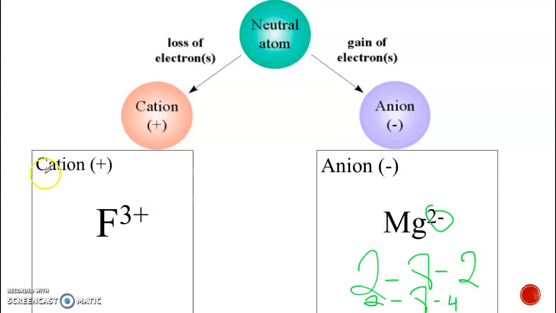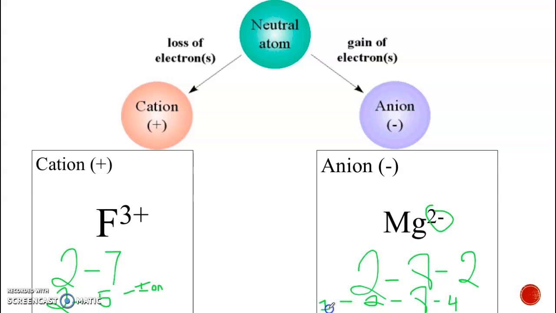If we look at our cation, we have fluorine 3 plus. Fluorine's electron configuration is 2, 7. But this 3 plus means that it lost 3 electrons. So its actual electron configuration for the ion is going to be 2, 5. Now let's remember this is for the ion, not for the atom.